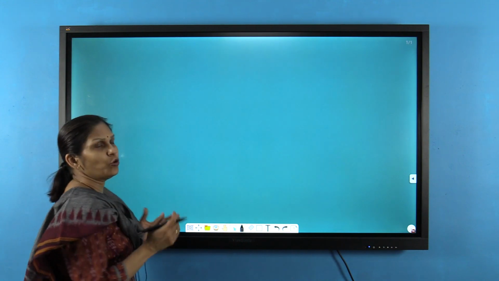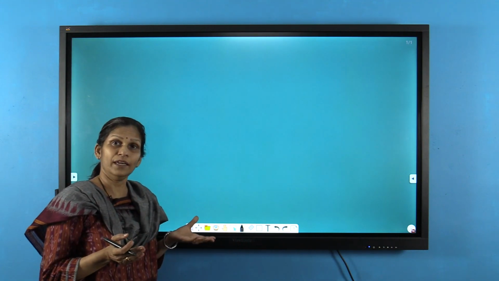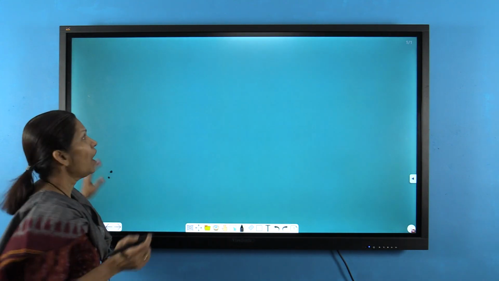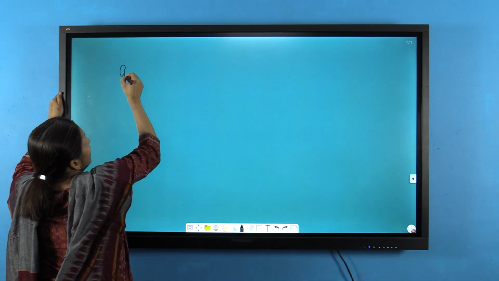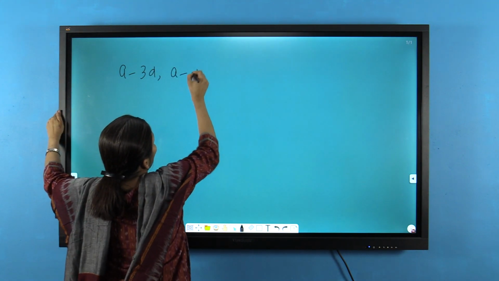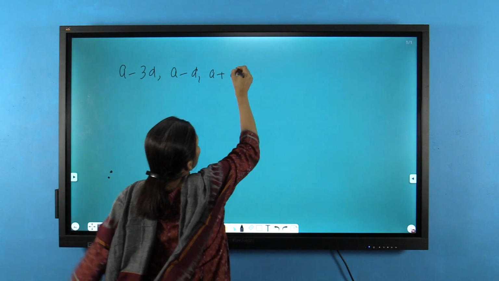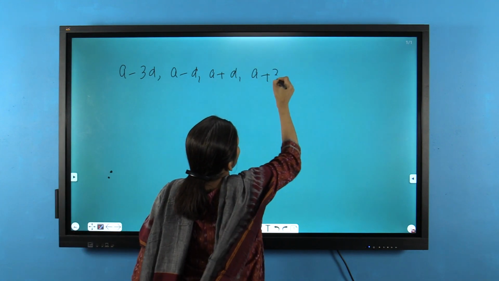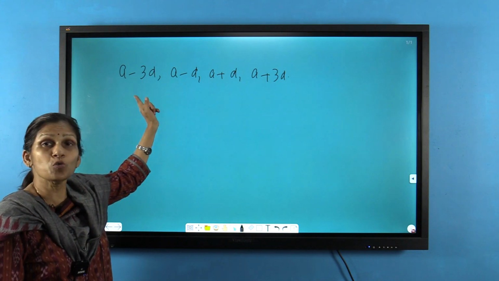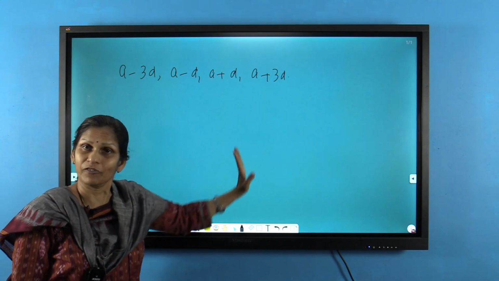Now, I told you how to take the numbers if there are 3 or if there are 5. What if there are 4? How can I write the numbers? Can I write them as a minus 3d, a minus d, a plus d and a plus 3d? Am I not adding 2d to each to get the term after this?